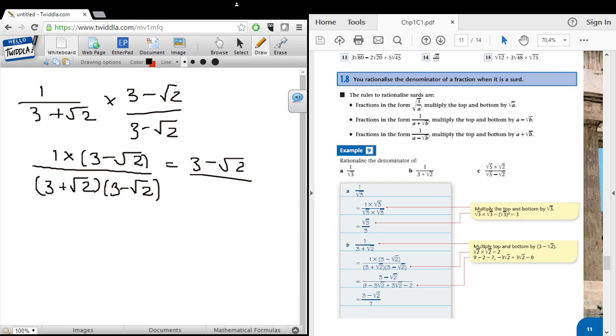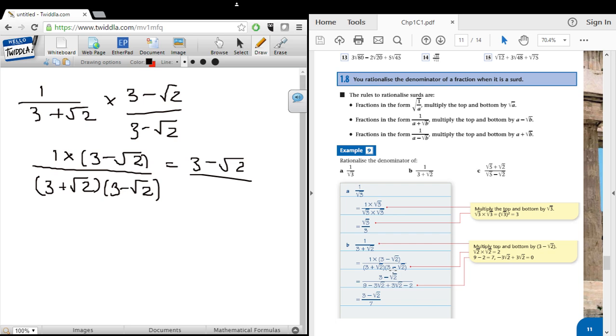And again, obviously you'll know from previous examples that we have now started to utilize expansion. So 3 multiplied by 3 gives us 9. 3 multiplied by minus the square root of 2 is minus 3 square root of 2, plus the square root of 2 multiplied by 3 will give us this, and plus the square root of 2 times minus the square root of 2 will give us minus 2.